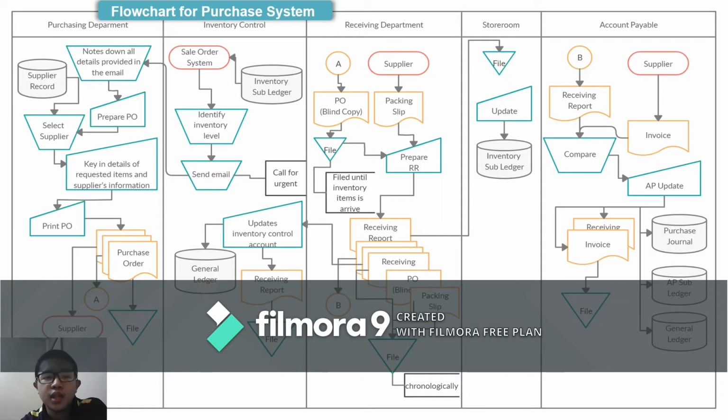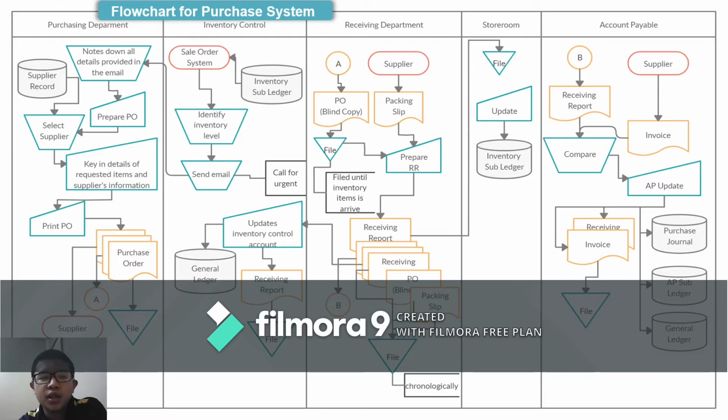For the flowchart, it doesn't seem many different. The difference is they have many key-in manual symbols and many manual process symbols. For example, at the purchasing department, noting down all details provided in the email would be determined as a manual process.